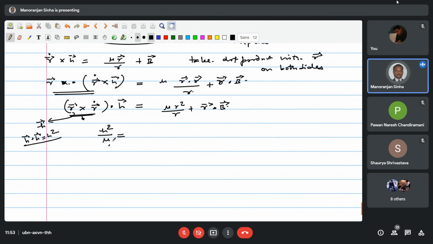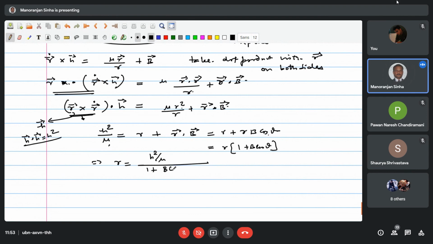So h square by mu, and on the right hand side we have r plus r dot b, which we can write as r plus r b cos theta. We can take r as common, 1 plus b cos theta, and therefore r equals h square divided by mu times 1 plus b cos theta.